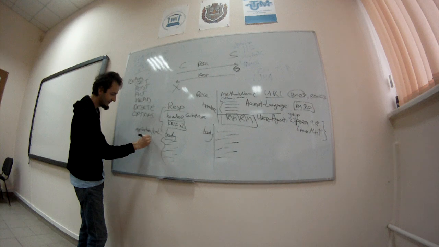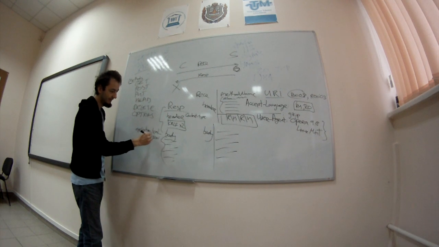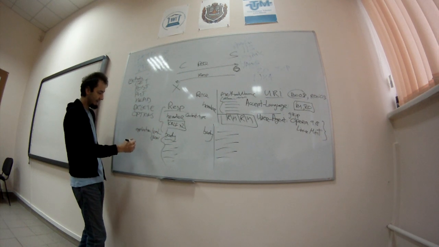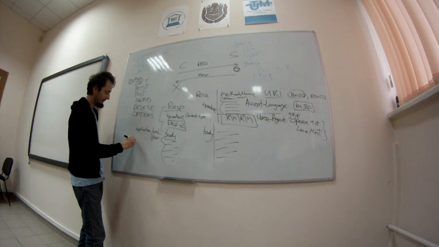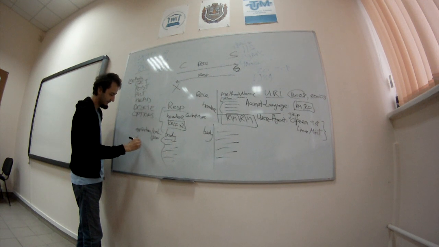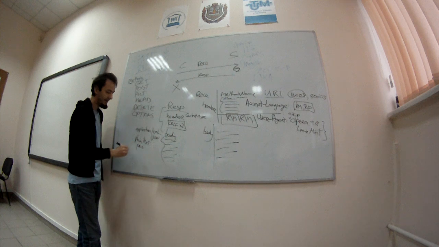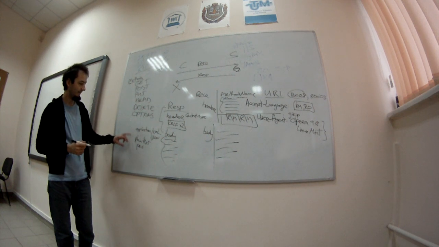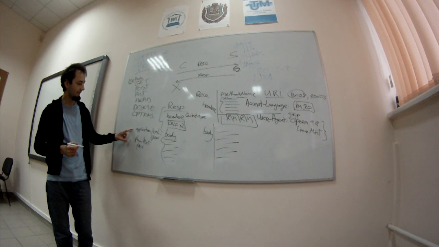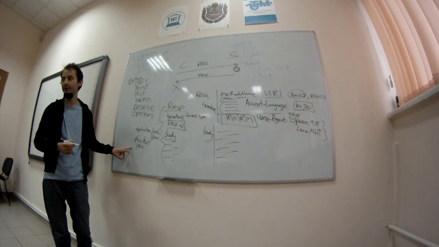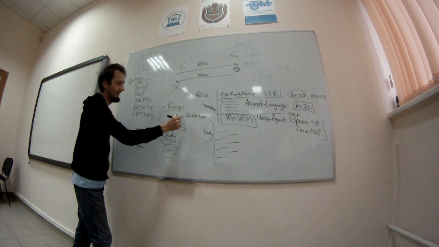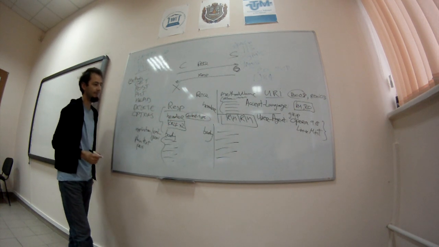It could be application/JSON, same thing but JSON. It could be plain text. It could be a PNG, etc. So there are many types of content that you could fill into this attribute.